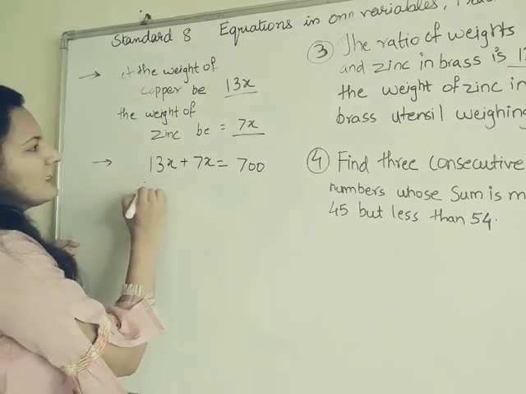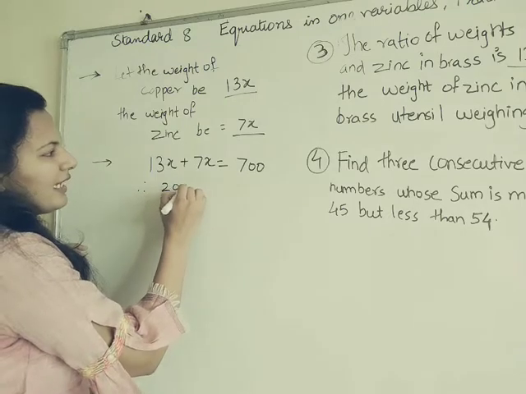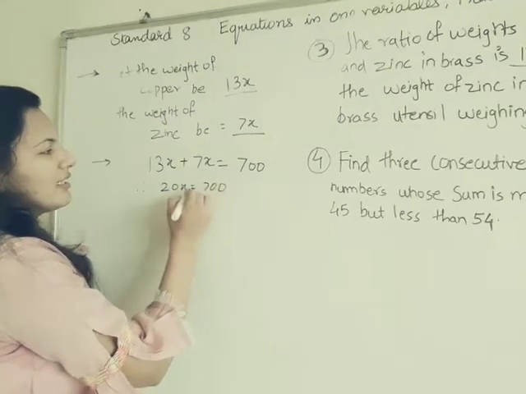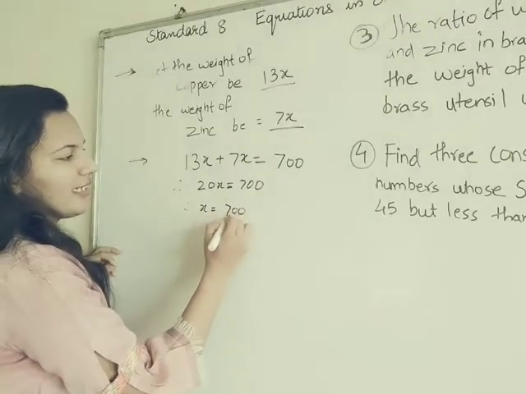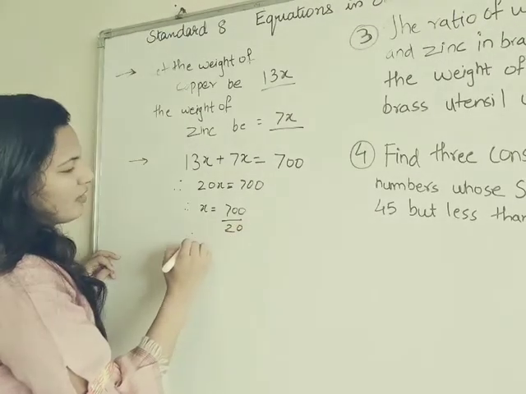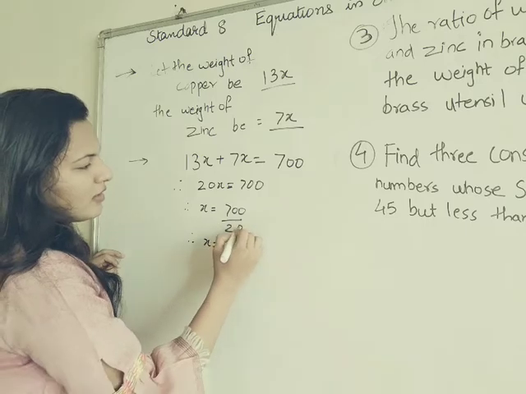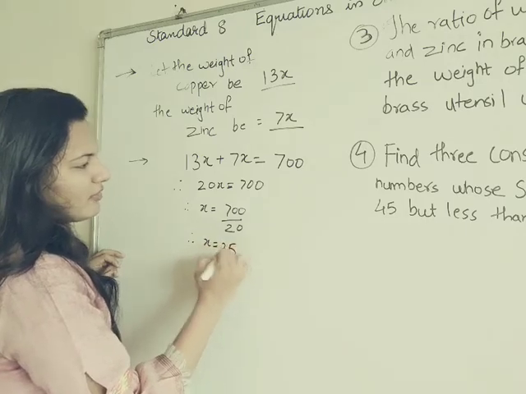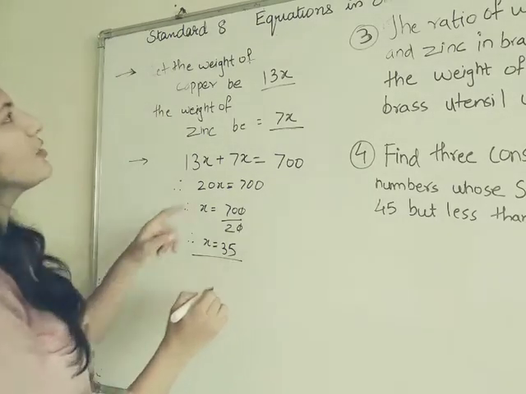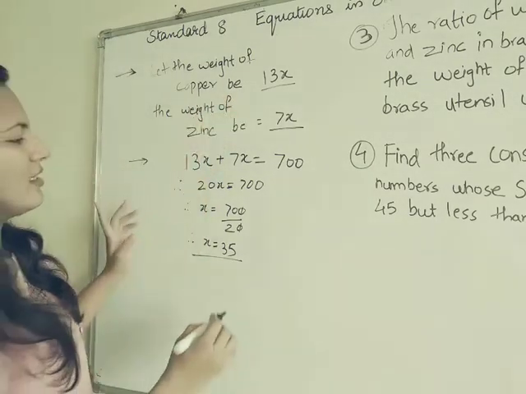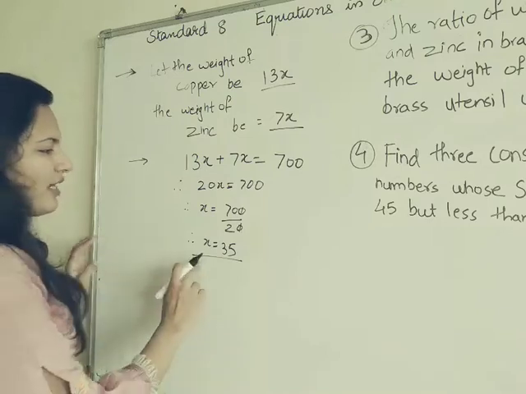So we'll solve this. It will be 20x is equal to 700. So the x value will be 700 divided by 20. So x would be 35. Correct? So it would be 35. So x is the constant actually. So x we got.